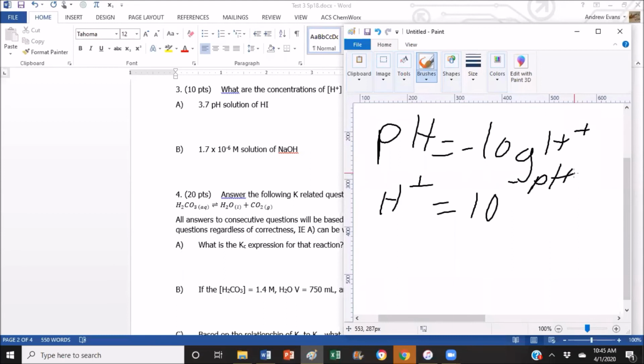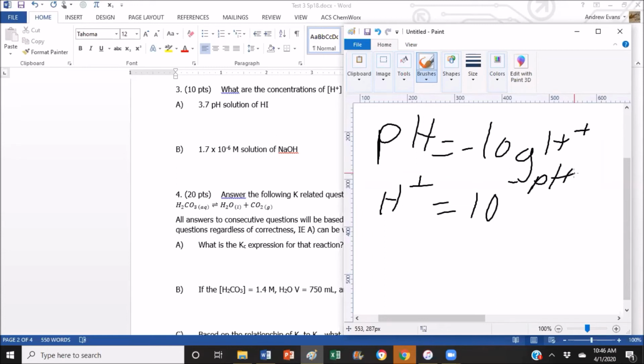This would work even in a weak acid, because the H plus is still dependent on the pH.